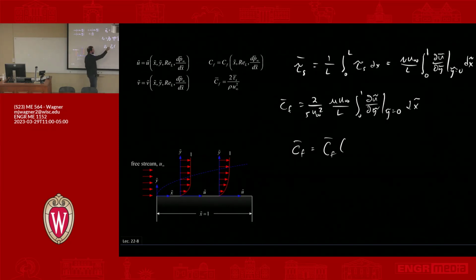We're going from 0 to 1. We can evaluate out anything that has to do with x. It'll go away, it's accounted for in the integral. y is evaluated at 0. So my average friction coefficient is not going to be a function of x or y. That's just going to be a function of Reynolds number and of dp dx tilde.